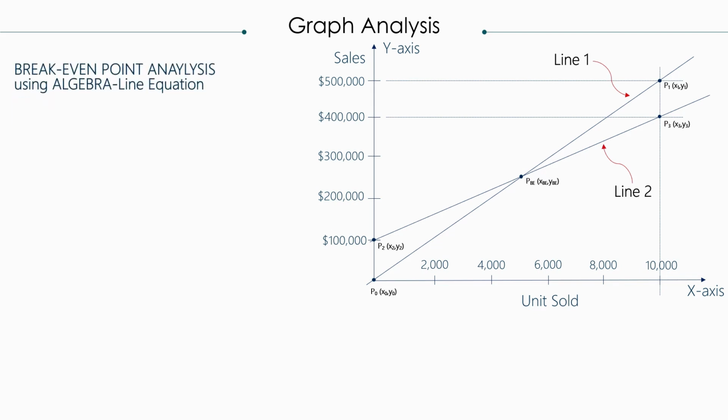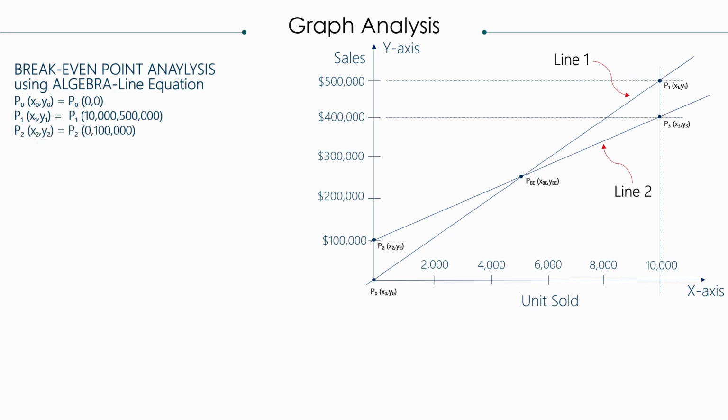So break-even point analysis using algebra line equation. At point 0, it is the origin, 0, 0. The P1 is the 10,000 units sold and 500,000 sales. You can see in the graph where P1 is located.